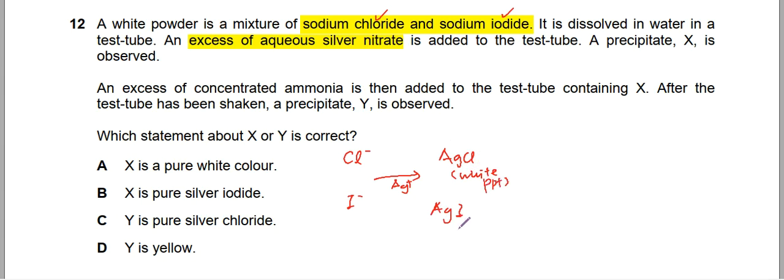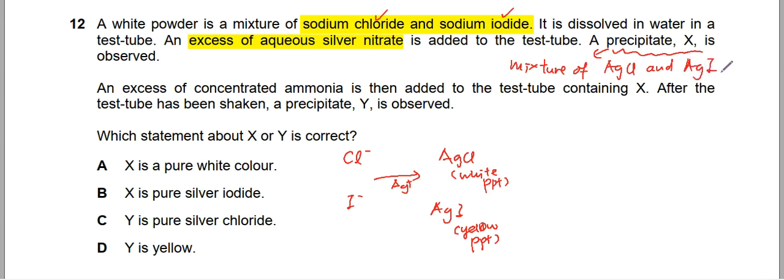Silver iodide is a yellow precipitate. So this is the precipitate X, which is a mixture of AgCl and silver iodide.